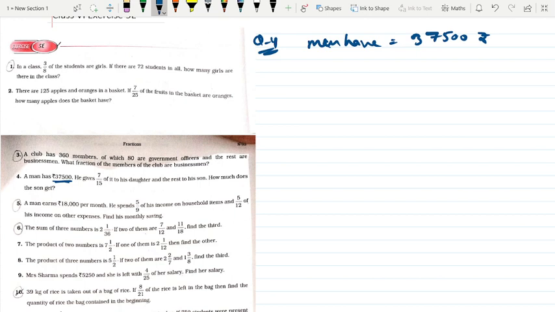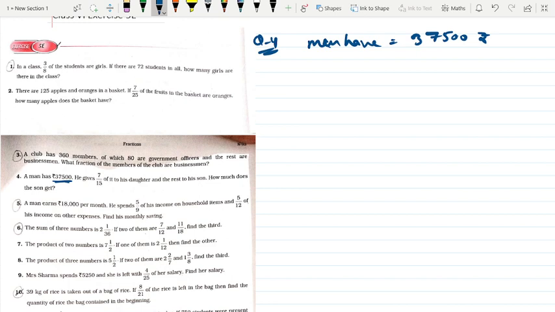So in this amount he gave 7 upon 15 of it to his daughter and the rest to his son. So how much did the son get? We need to find out how much the son got.